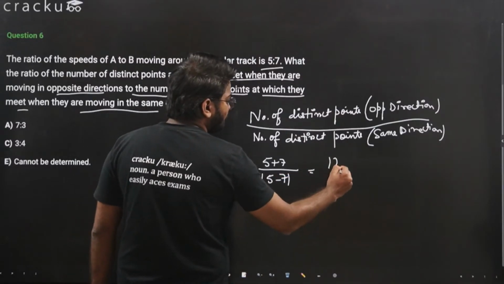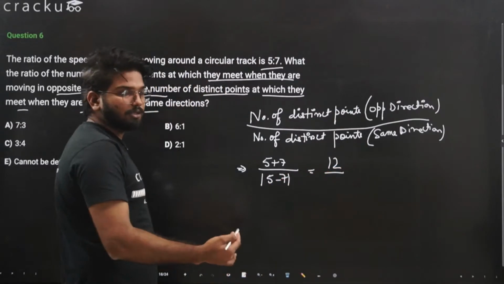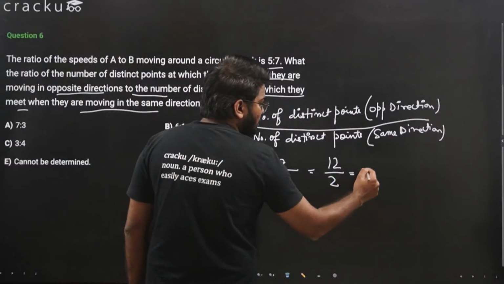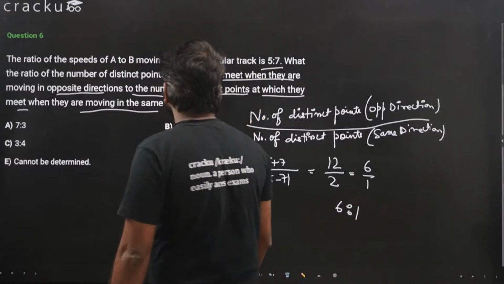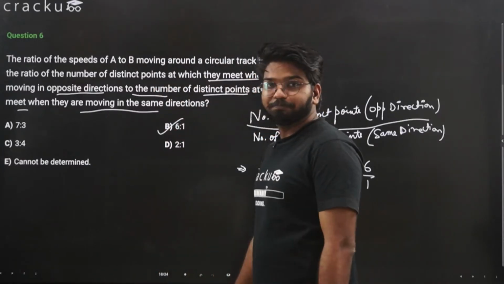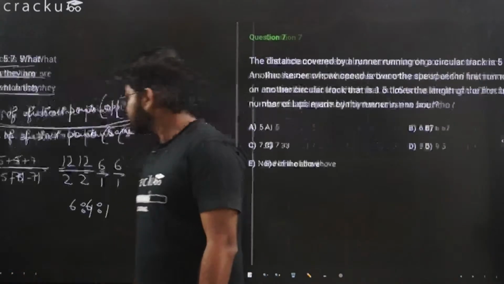So this will be 12 divided by modulus of 5 minus 7, which is 2. So this will be 6/1, or the ratio will be 6:1. So the answer in this case is option B. Let's move on to the next question.